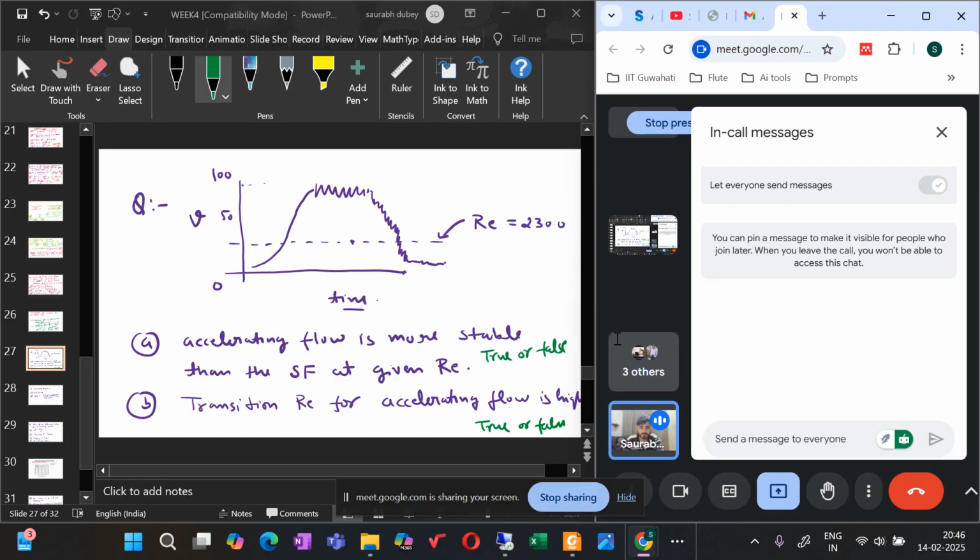Two comments have been made based on the graph above. Accelerating flow is more stable than the steady flow at the given Reynolds number, and the transition Reynolds number for accelerating flow is high. So which of the following is correct?